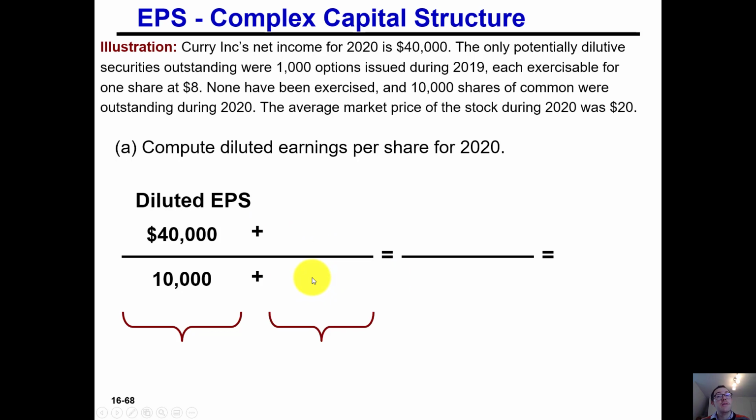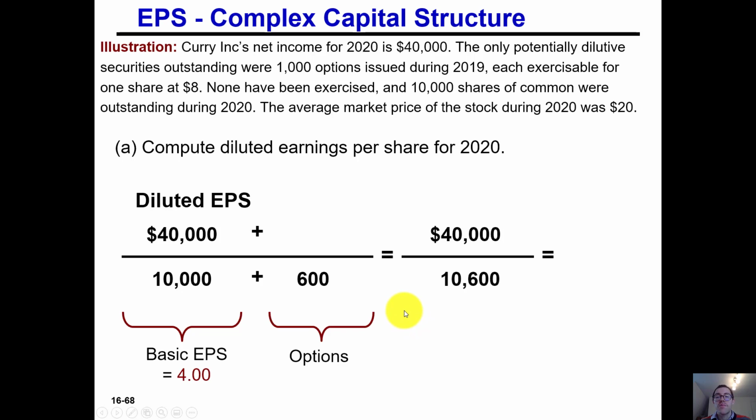We're just going to say plus 600. And the reason is from the previous slide. As you can see, with the money we got, we're able to buy some treasury shares. We're able to buy shares from other shareholders and use those to give to the people that exercise the options. So the other 600 is all we have to come up with. So diluted EPS is $3.77.